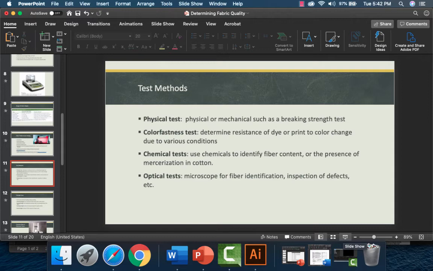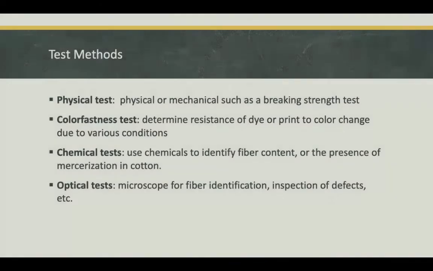Chemical tests use chemicals to identify fiber content or the presence of, let's say, mercerized cotton, so mercerization in the cotton. An optical test uses a microscope for fiber identification and inspection of defects. So it's a stronger version of using your pick glass. Okay, so that would be an optical test.